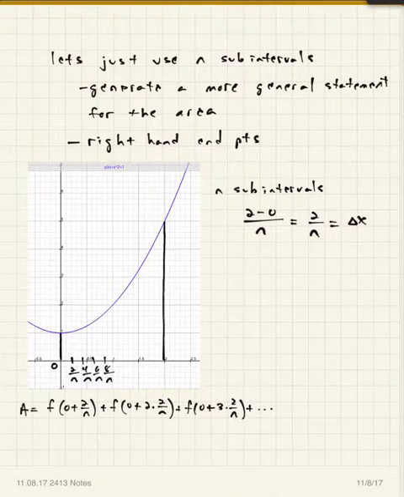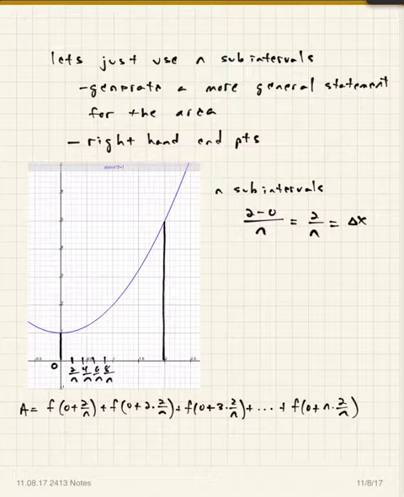And we'd keep on going like that until the very last one. And there would be, we start at the far left, which is 0. We add n of those 2 over n's at the end right there. And n times 2 over n, the n's divide out, you get 2, and plus 0, you get 2, which makes sense. That should be our right edge of the big interval there.